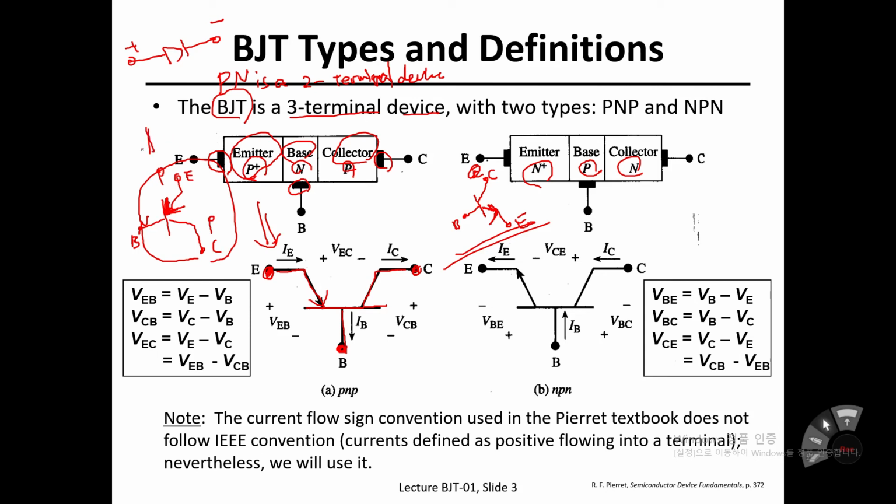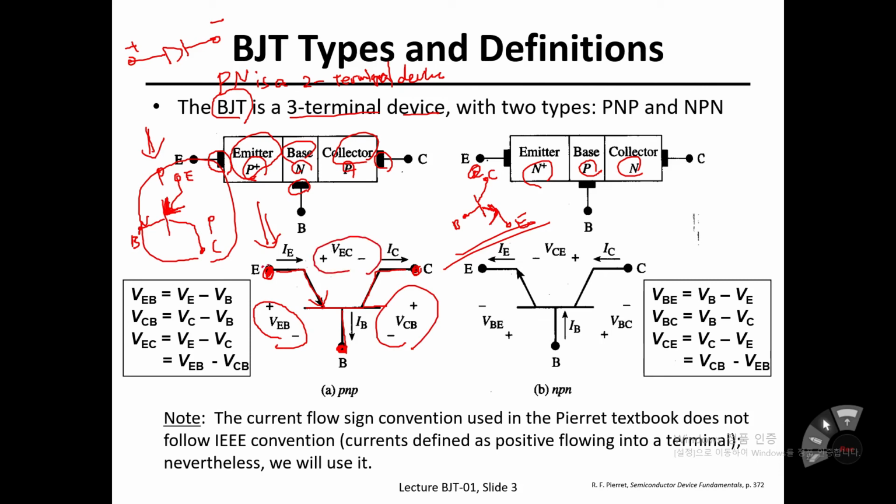In my lecture, I'm going to give you some more details on a PNP BJT because it's much easier and it's a much simpler version of an extended PN diode. Okay, so one more definition is this, and that.